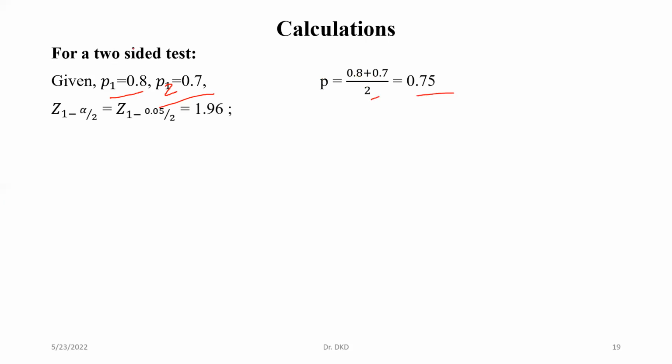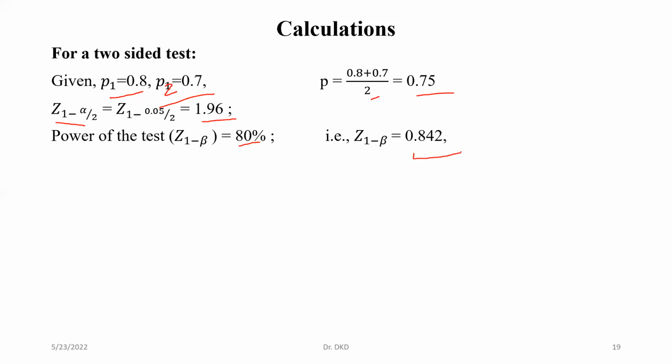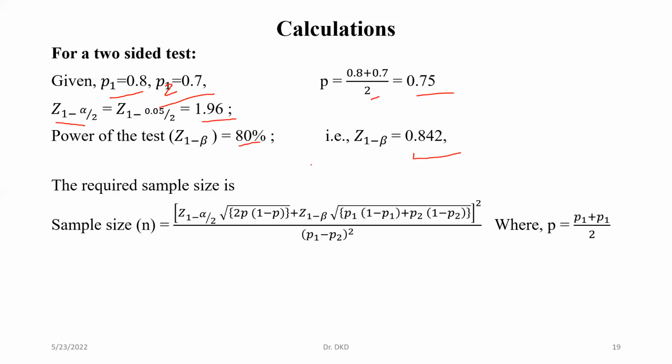The normal deviate for a two-sided test is 1.96, and for a one-sided test it is 1.64, as we know, and the power of the test is 80%, so the value is 0.842.